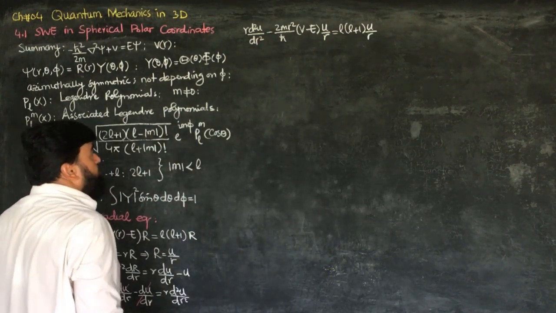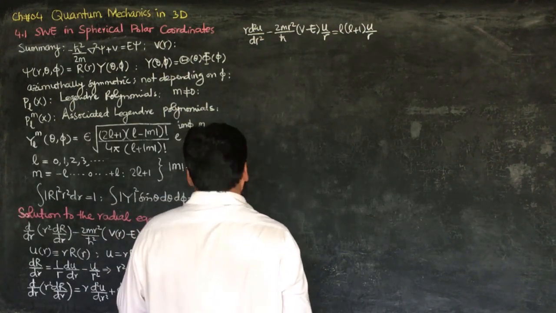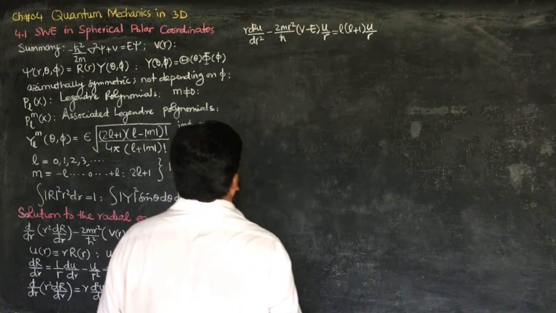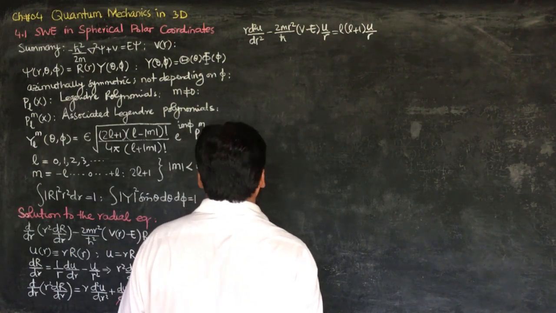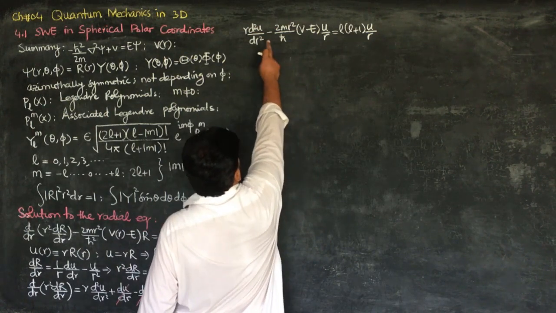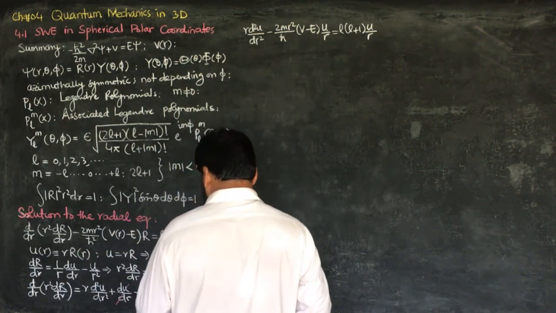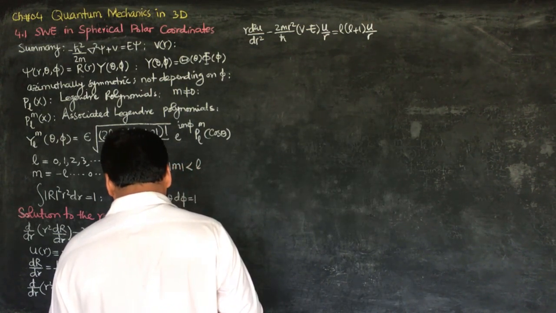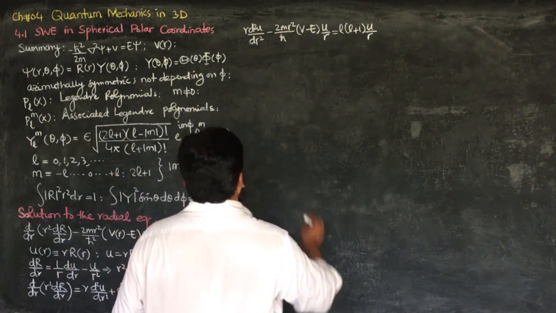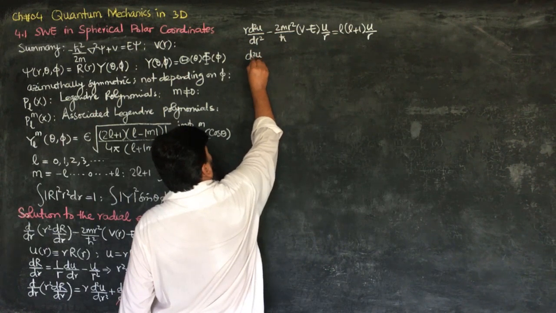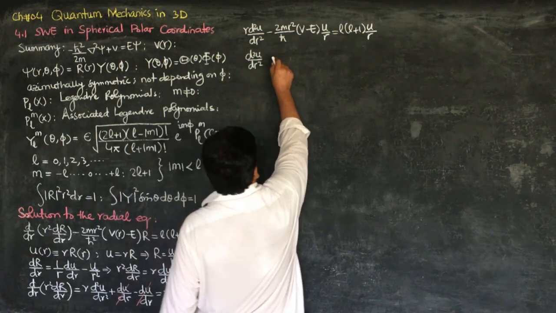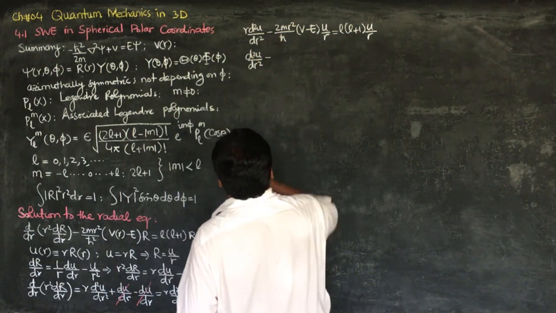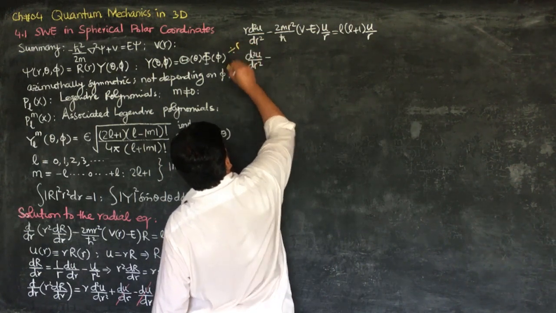Now I will have to manage this as well. If I divide this whole thing with r square, then I will get d square u over dr square minus, this means I'm dividing this thing by r.